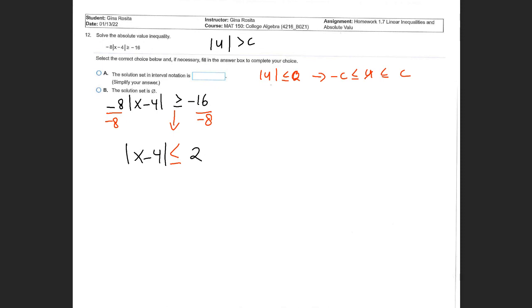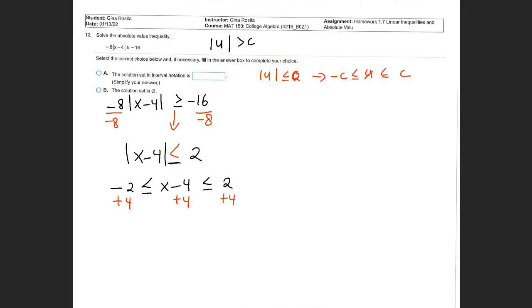Now we just write negative 2 less than or equal to x minus 4 less than or equal to 2, because this is equal. Remember our goal, x in the middle, so we add 4 to each part.